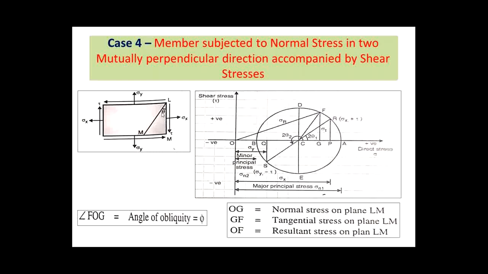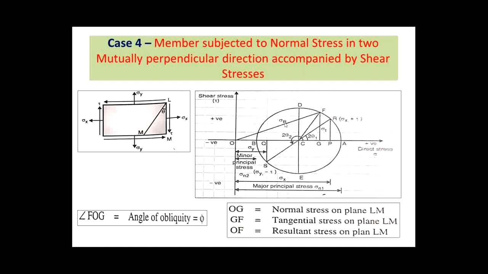I have already told you that on the oblique plane there will be two stresses. One is the normal stress, which is OG. Another is the tangential stress, which is FG. OG is sigma N, FG is sigma T. Apart from that, we have the angle of obliquity.